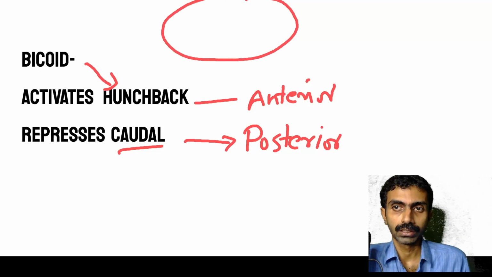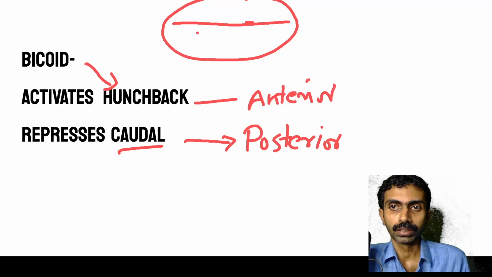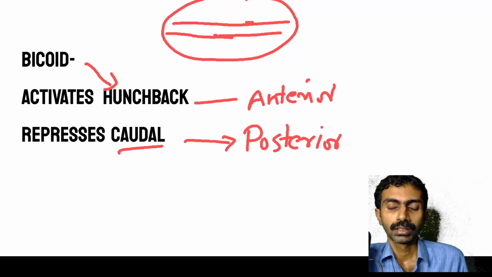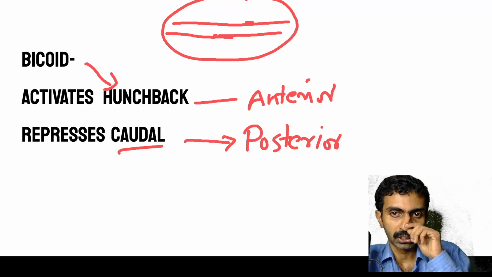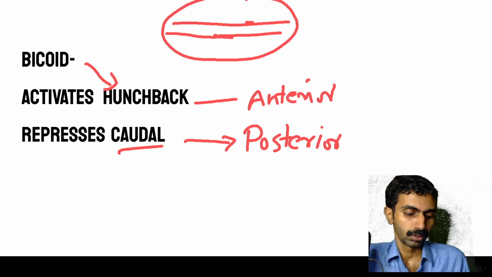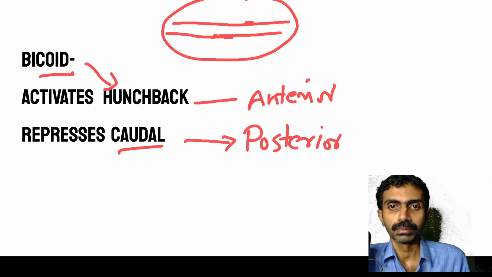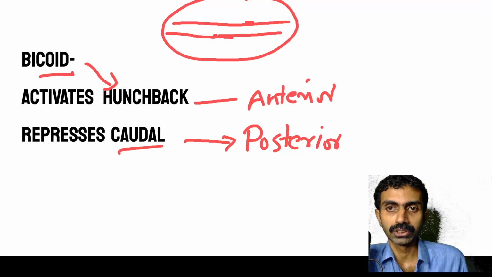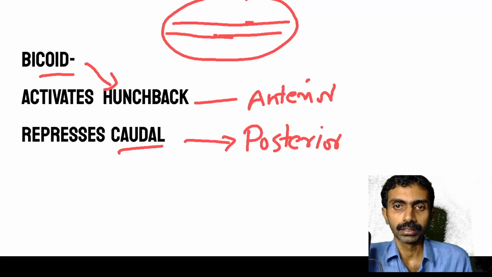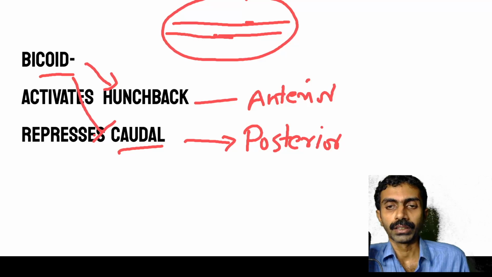Suppose this is the egg. You can see that throughout from anterior to posterior, both these genes are uniformly distributed. But then how is it possible to specifically control the expression of hunchback and caudal? One thing is bicoid, which is located in the anterior region, that activates hunchback, and bicoid also suppresses caudal in the anterior region.